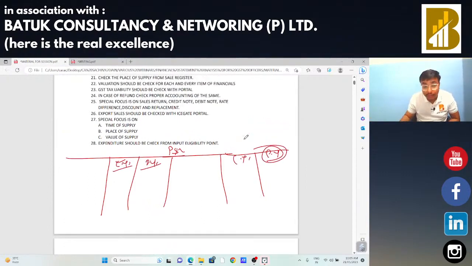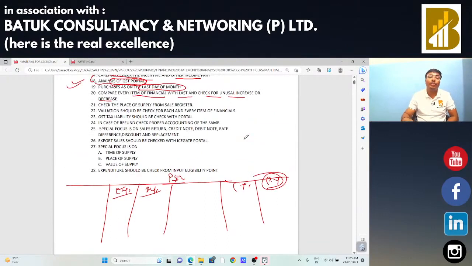You need to demand that type of financials for better comparison of sales, expenditure and income, so that you get the idea of what is going on in that business entity. Okay, sir. So this is a point on which we need to do the work.